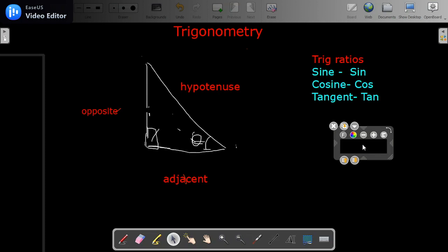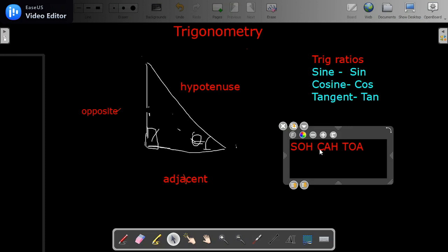So what's the statement? The statement is known as SOHCAHTOA. Please repeat that. SOHCAHTOA. The SOHCAHTOA is the statement we use to define the trig ratios. So now let's begin.